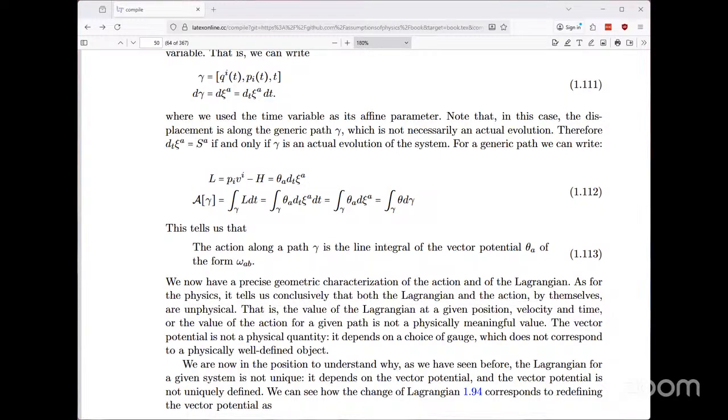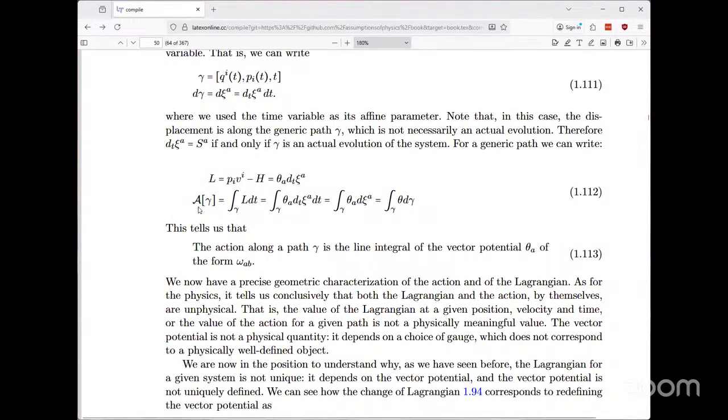And you write here the action on gamma is the integral over gamma of L dt. That's the standard way. You substitute what's above, and that gives you the integral over gamma of theta a d psi a, which is the integral over gamma of theta d gamma. This tells us that the action along path gamma is the line integral of the vector potential theta a of the form omega ab.